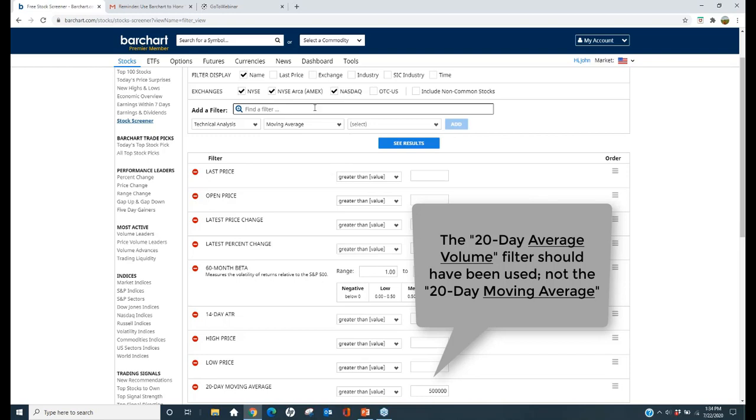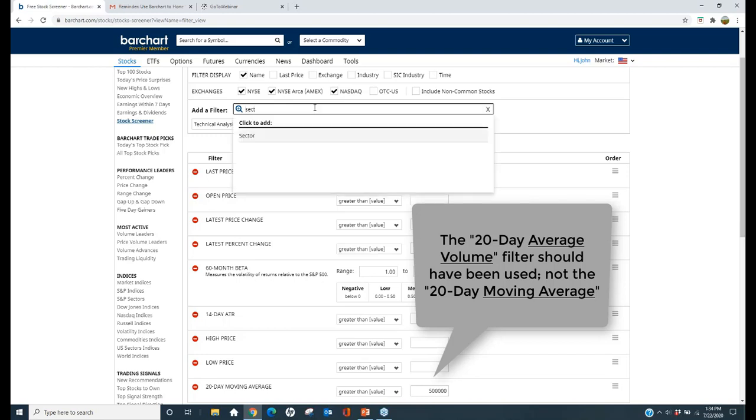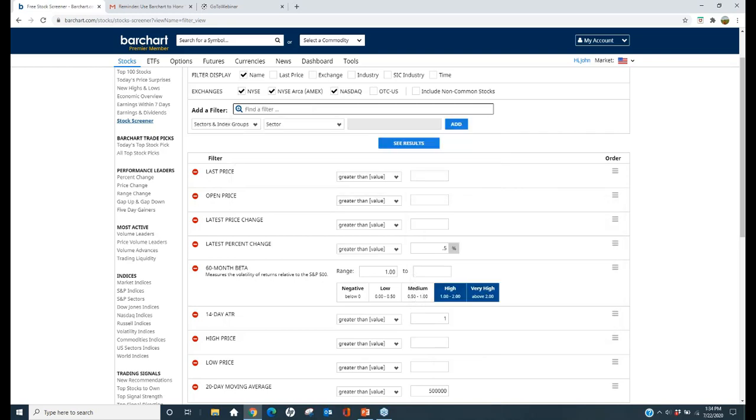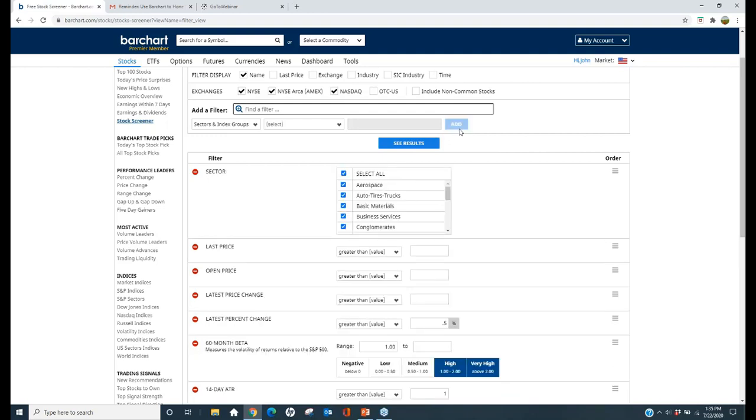And the final thing that I'm going to add to my analysis is sector. Now, why do I add sector? Well, I'm going to use this a little bit later in my analysis.